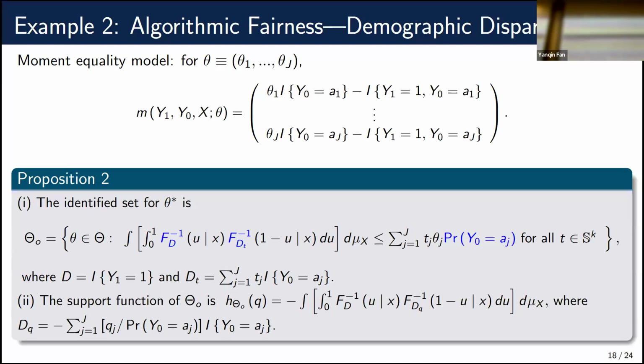Then you see this identified set, in fact, is very simple, right? It's also a very nice structure, linear in theta, and there's no optimization involved at all. And this is because the optimal transport problem earlier for this example has the closed form. Okay? And also we can find the support function is also closed form.